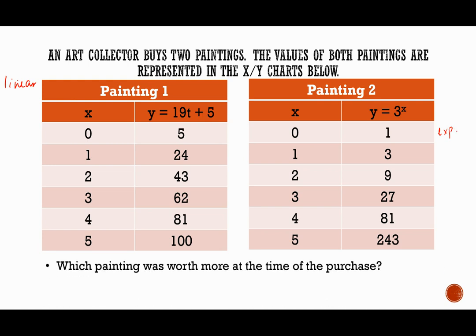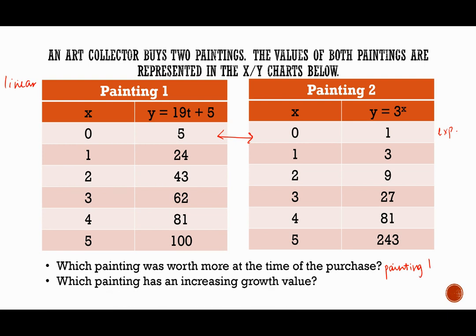Like, for example, which painting was worth more at the time of purchase? Well, at the time of purchase, that's time 0. 0 weeks have passed. Okay, so painting 1 is actually more expensive to start.